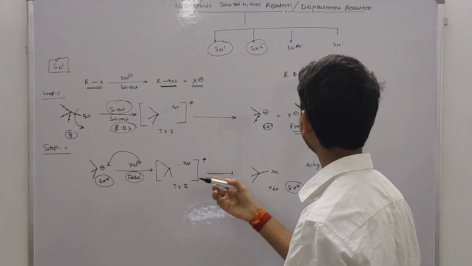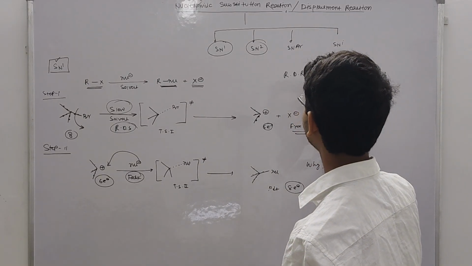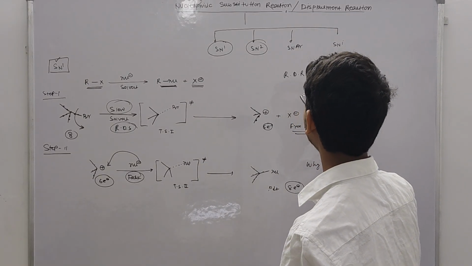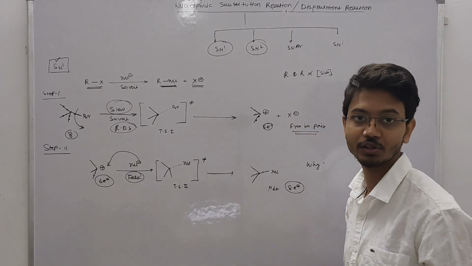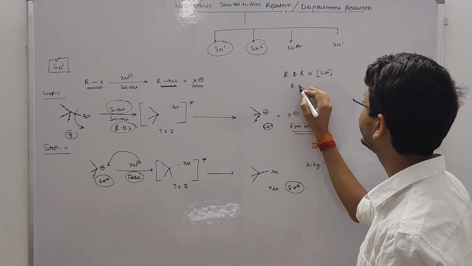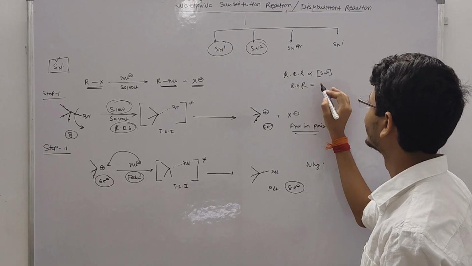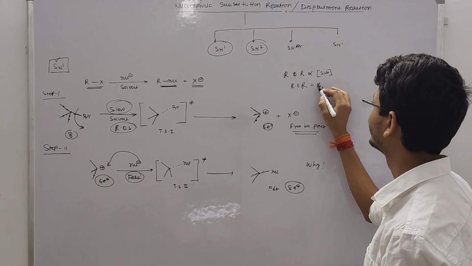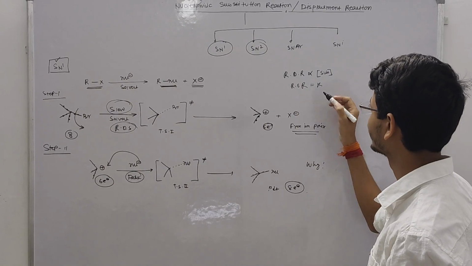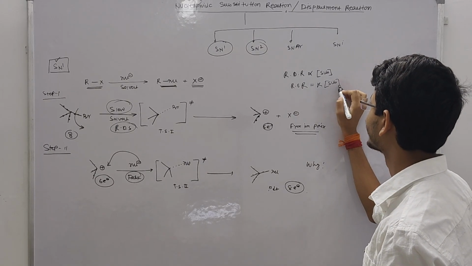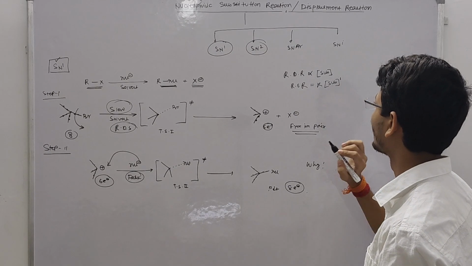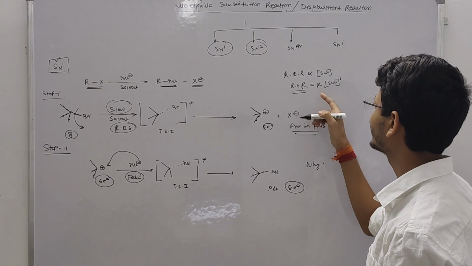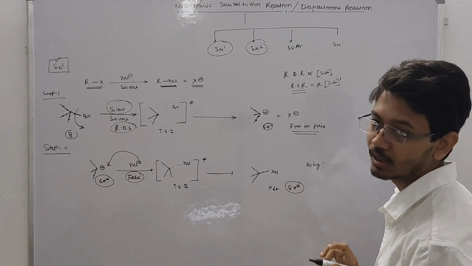So we can say the rate of reaction is directly proportional to only the substrate concentration. To replace this proportionality, I have to introduce a proportionality constant. So basically the rate of reaction is equal to K into the substrate concentration.